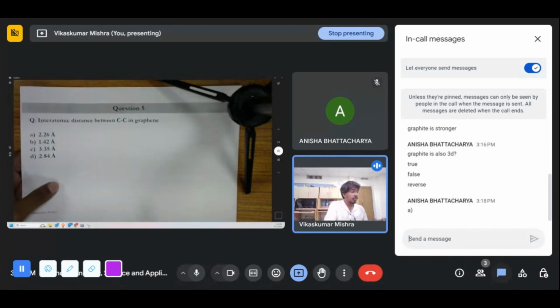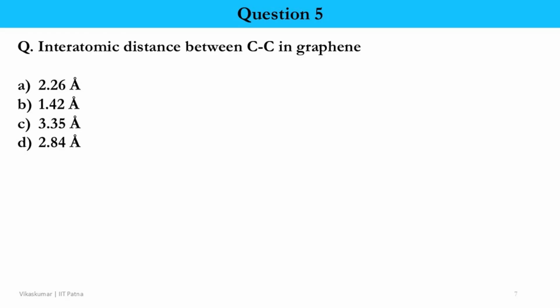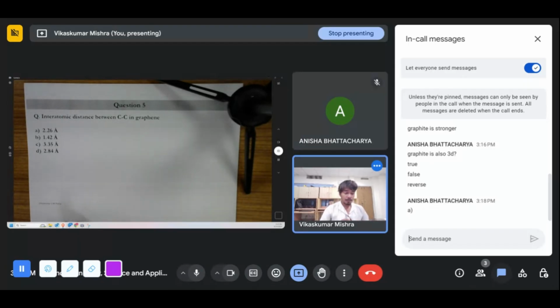It's comparatively easier to answer this one among all the questions that we have done till now. Interatomic distance between the carbon-carbon in the graphene. If we know the value, that's it.